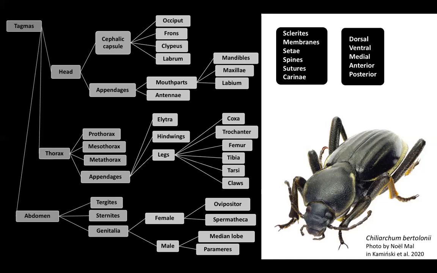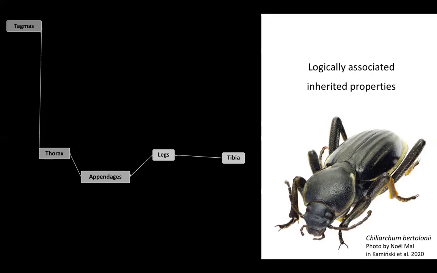Using this system, and because of how the relationships and hierarchies are set up, if we are talking about a beetle tibia, for example, a computer would be able to make assertions about it just based on its logically associated and hierarchically inherited properties.